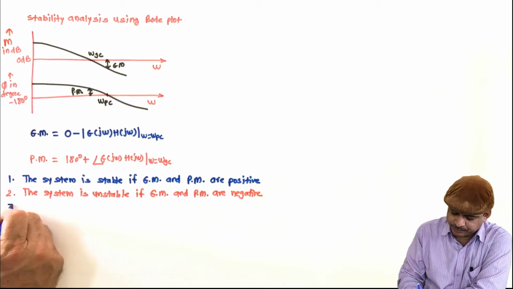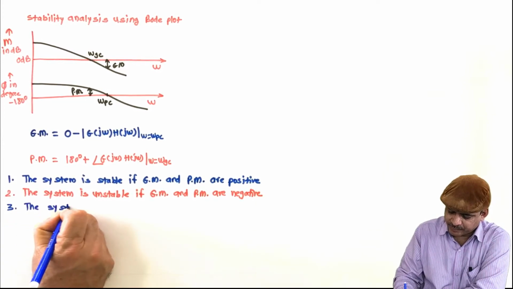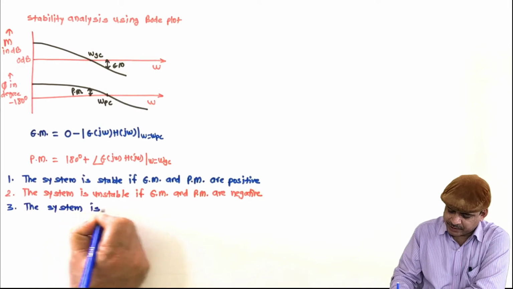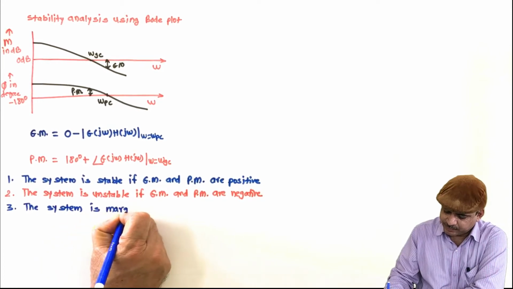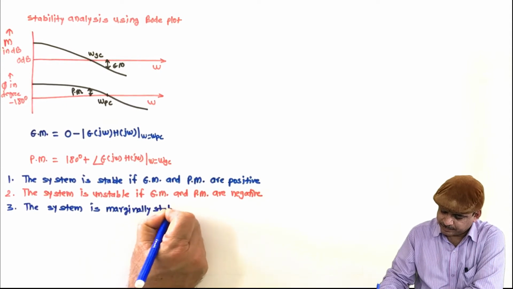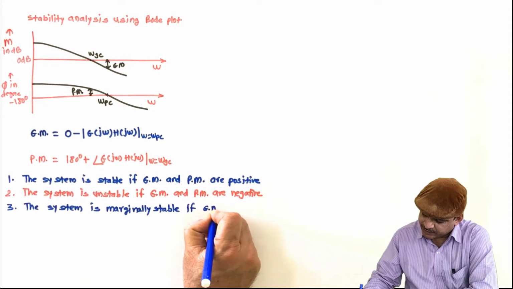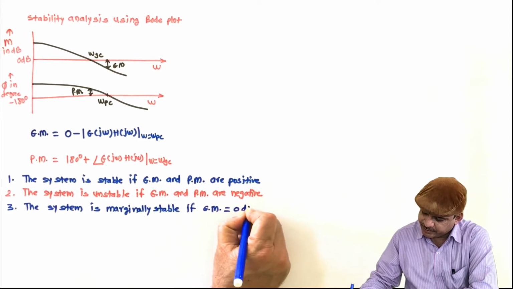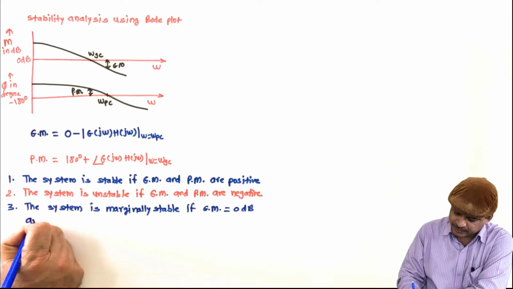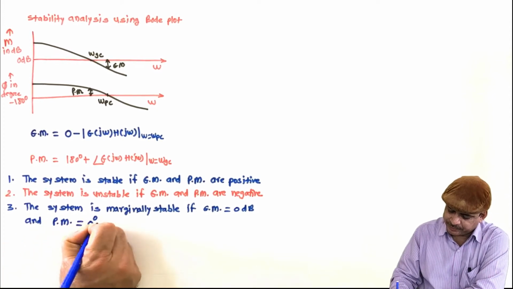And third one, the system is marginally stable if gain margin is 0 dB and phase margin is 0 degree.